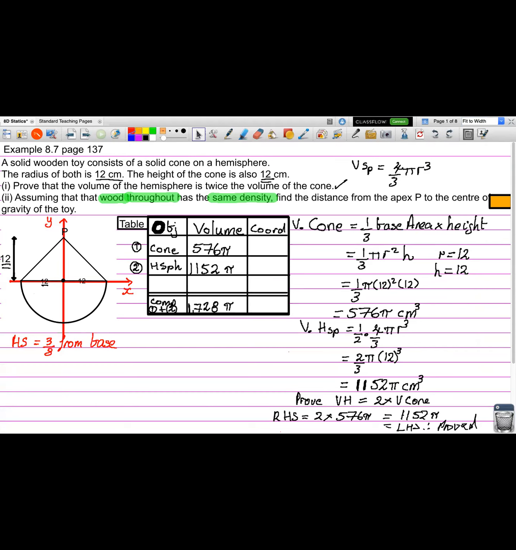The coordinate is going to be down there, and we know it's going to be 3/8 of 12, and 3/8 of 12 is going to be 36 divided by 8. What's 36 divided by 8?